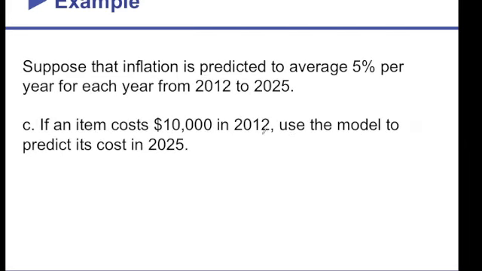Cost 10,000 in 2012. Use the model to predict its cost in 2025. So let's take that. Our cost, f of 13, equals the 10,000 times 1.05 to the 13th.